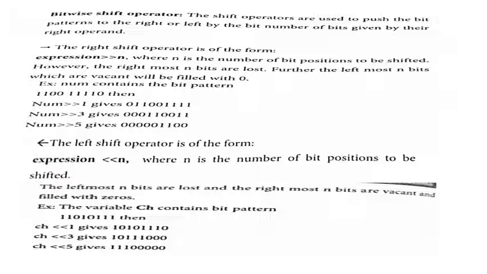Then we'll see the left shift operator expression. In the left shift bitwise operator, n is the number of bit positions to be shifted, how many positions you want to shift. Here they have given 1010111.